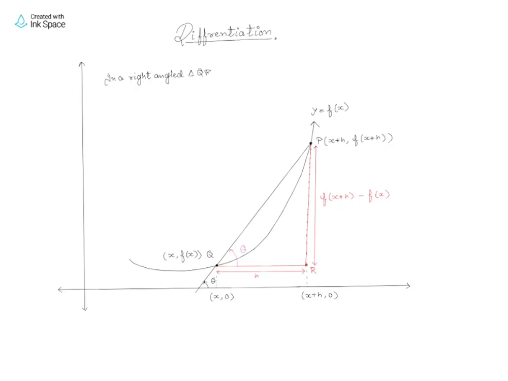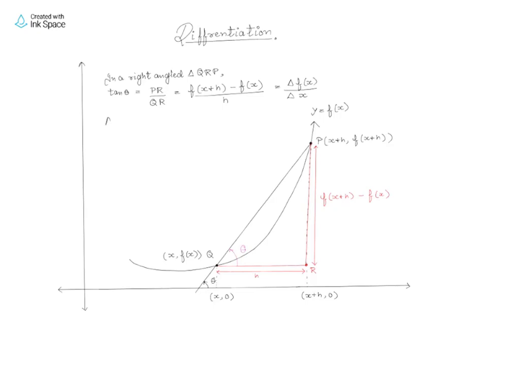In the right angle triangle QRP, we have tan theta as PR upon QR. The length of PR is f(x plus h) minus f(x), and QR is h. This is the change in value of f(x) upon the change in value of x.